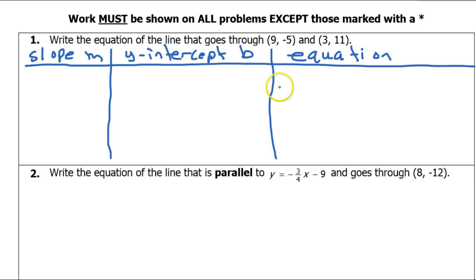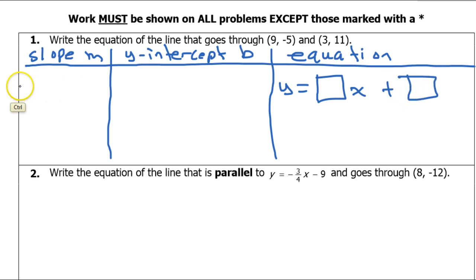The equation is always going to be in the form y is equal to something x plus something. I'm thinking y equals mx plus b, so the first box is going to be the slope, and the second box will be the y-intercept.